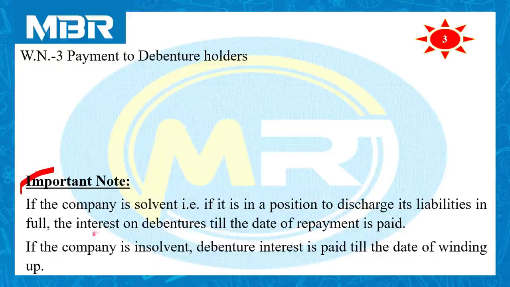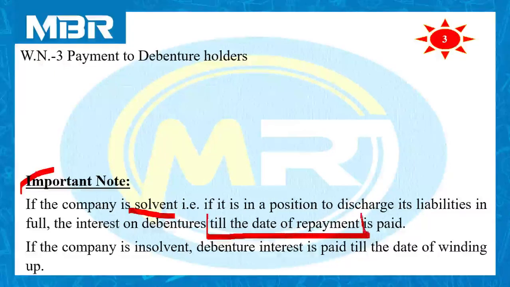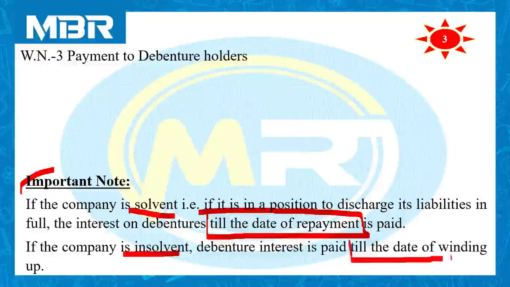If the company is solvent, that is financially sound, we need to pay debenture holders till the date of repayment. And if the company is insolvent, we have to pay them debenture interest till the date of winding up of the business. So this is the rule for the payment to the debenture holders.